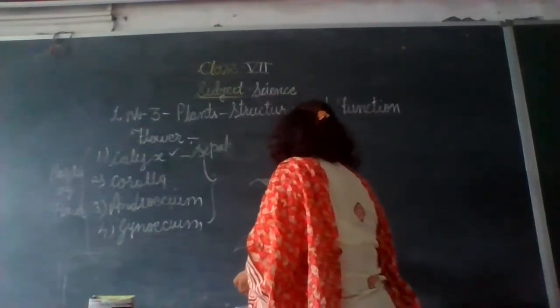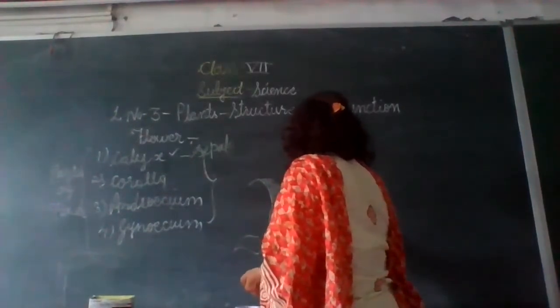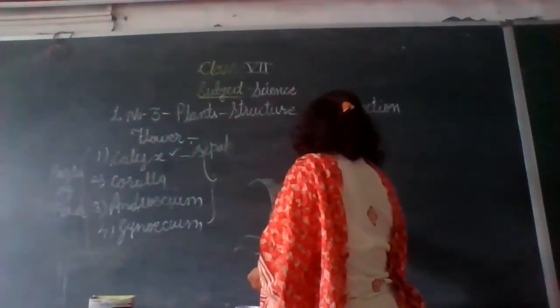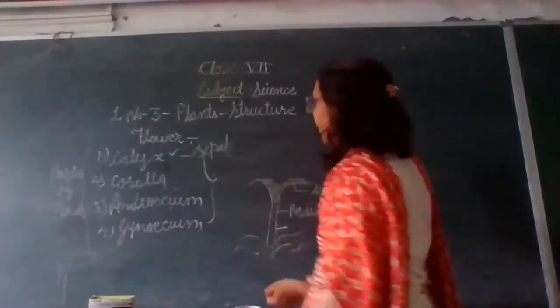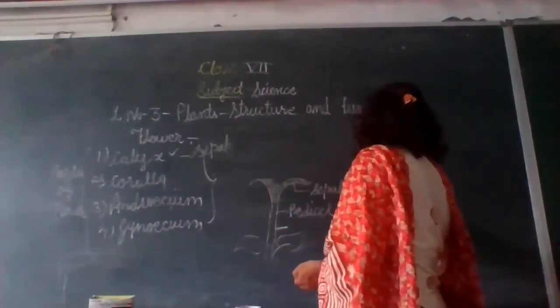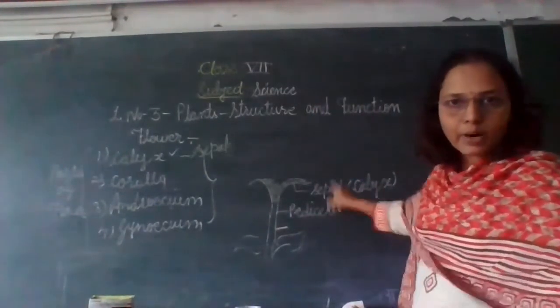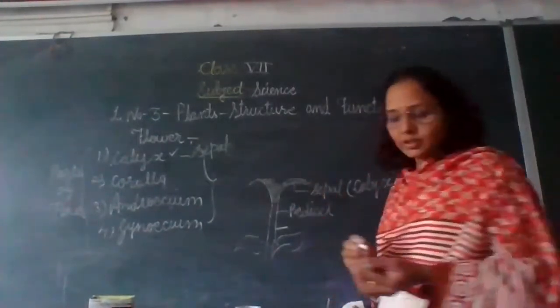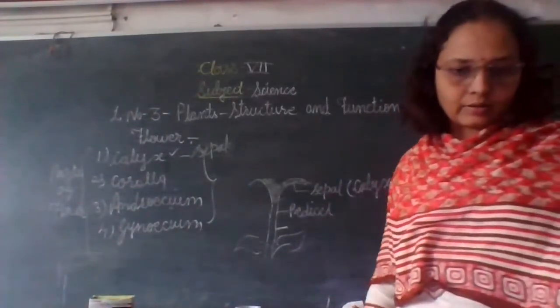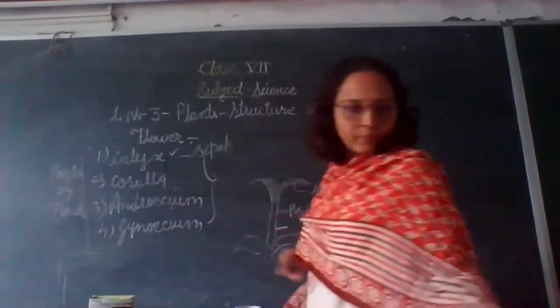The pedicel. This is the sepal, or we write calyx. What is the function of it? It protects the flower in bud condition. After that, the corolla occurs. It's another part.